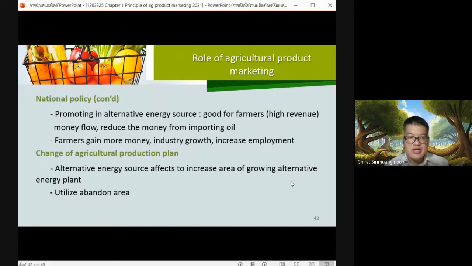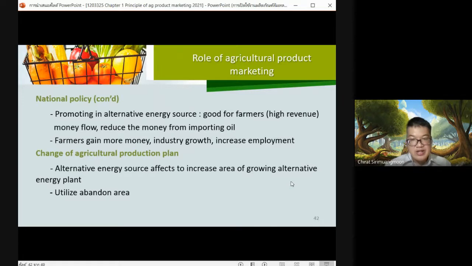So then we promote alternative energy sources to the farmers. If the alternative energy source has high demand, you can promote it by using empty land that did not grow anything, or you ask the farmers to grow different plants, like sugarcane and palm, to support the demand.